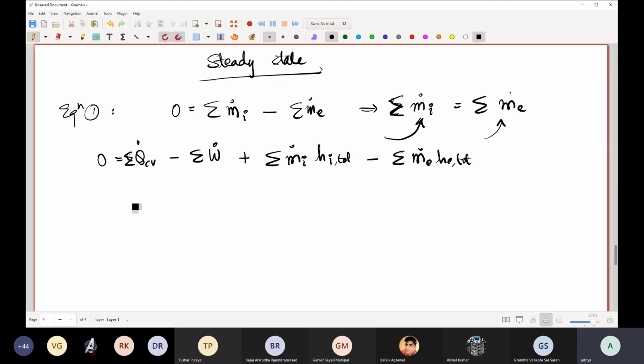Let me rearrange this. We have summation of Q dot CV plus summation of m dot i h_i total is equal to summation of W dot plus summation of m dot e h_e total.